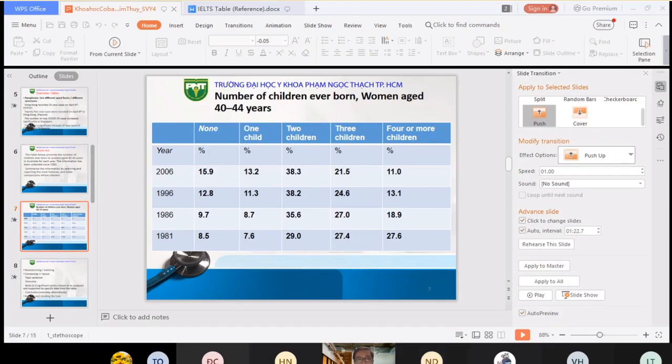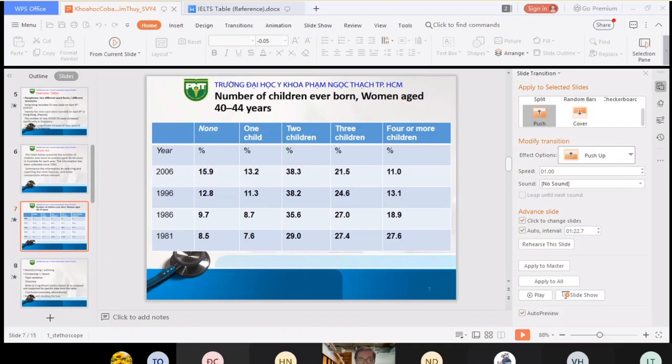I think the first row represents the categories or the number of children born by women aged 40 to 44 years of age, right? And the second row represents the percentages of those women, right? How about the third row?